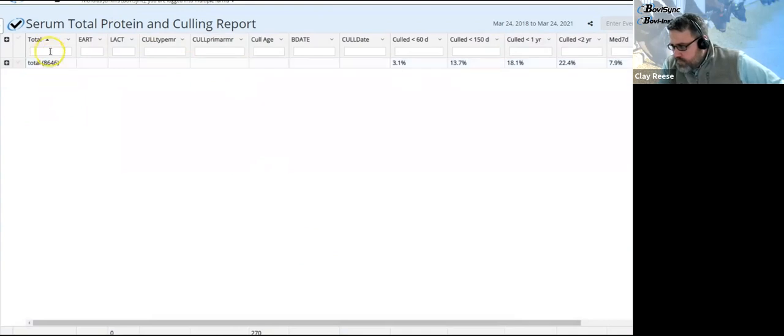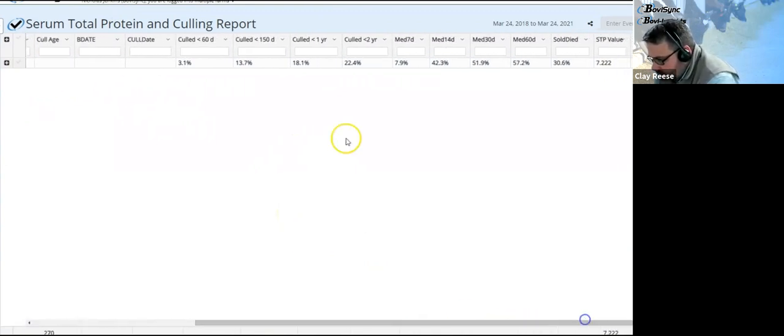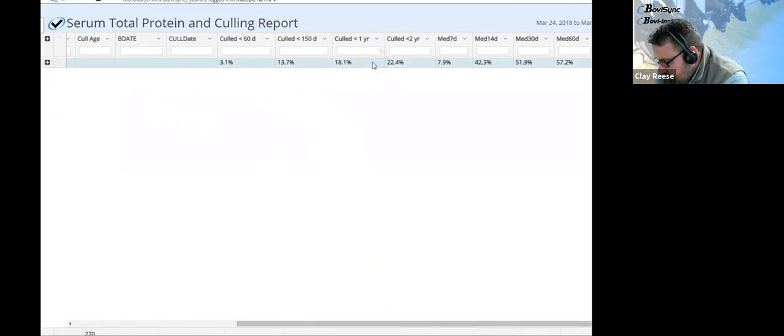So on this top level way of looking at it, I can see I've made several columns that look at the percent of animals culled less than 60 days old, percent culled that are less than 150 days old, 1 year, and 2 years.